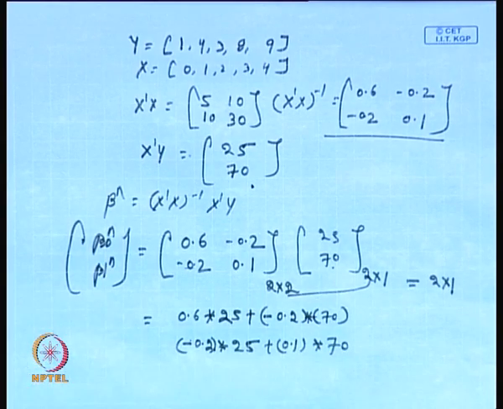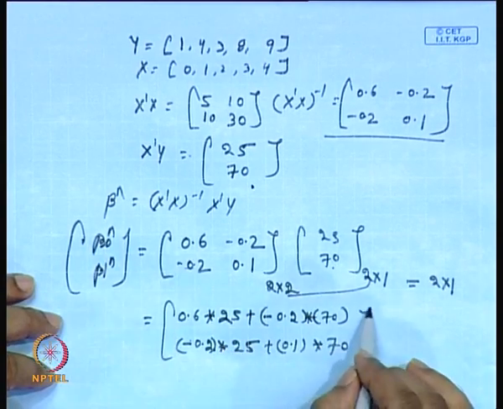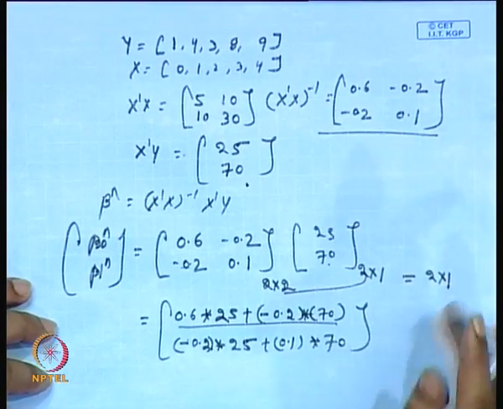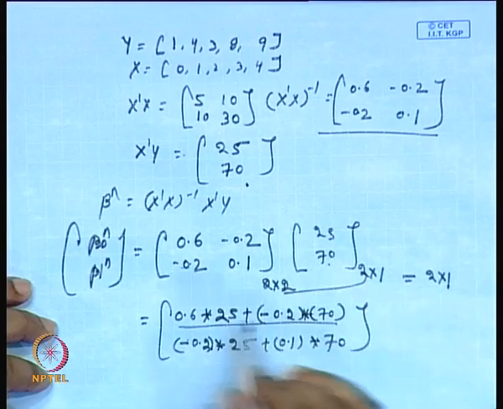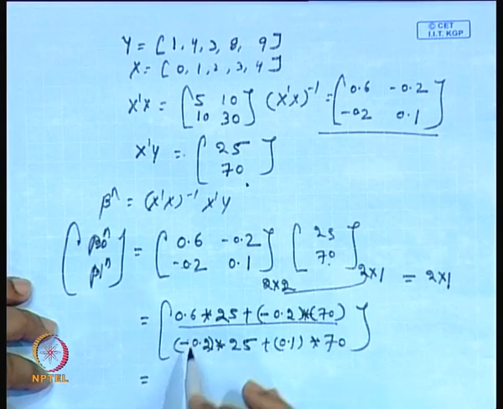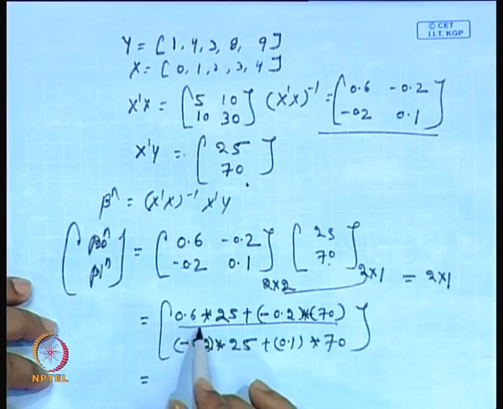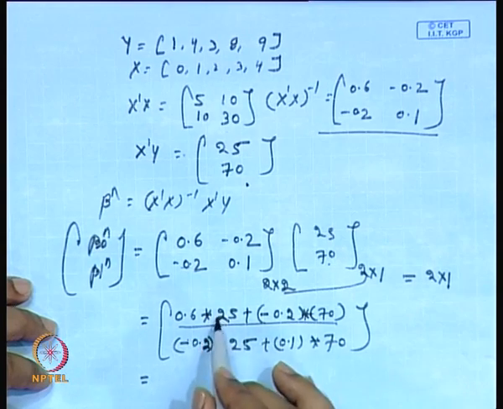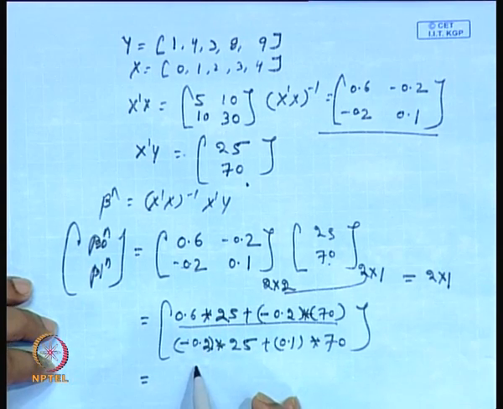So this particular structure will be equal to how much? If you simplify, this is 0.6 into 25, so 6 by 10, then 1 by 1 point, this is how much?